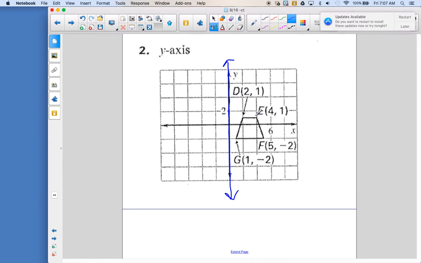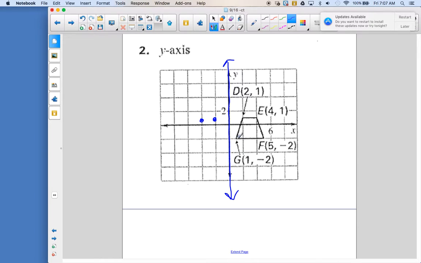Okay, and here's my figure, DEFG. Kind of looks like a trapezoid. So maybe it is a trapezoid. When I look at it, D is 1 to the right, so I'm going to keep that same level going and go 1 to the left. And it looks like E is 2 lines to the right, so I'm going to go 2 lines to the left.